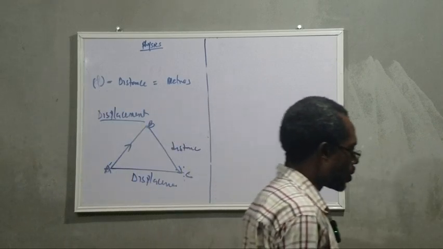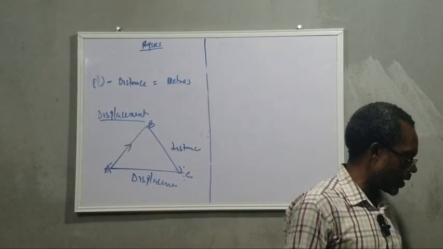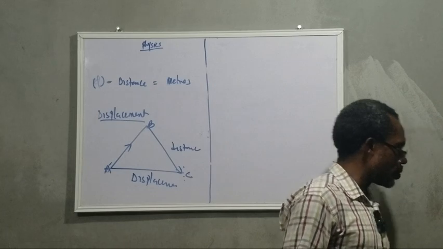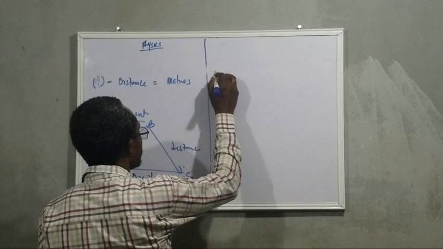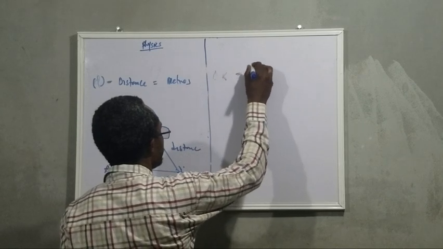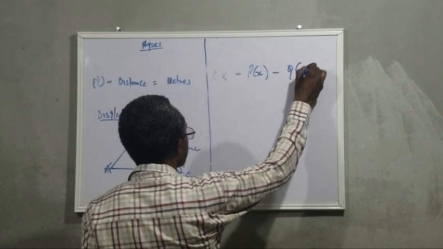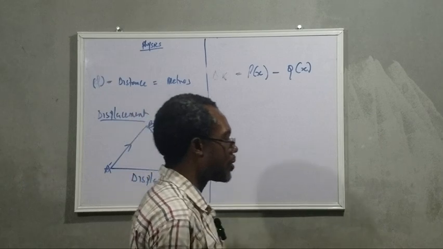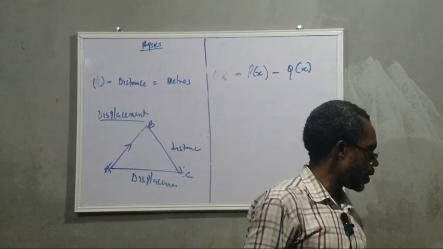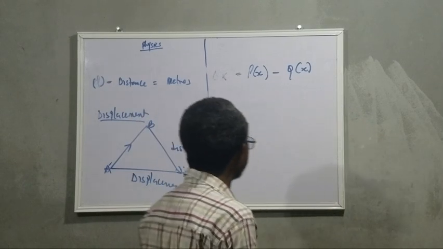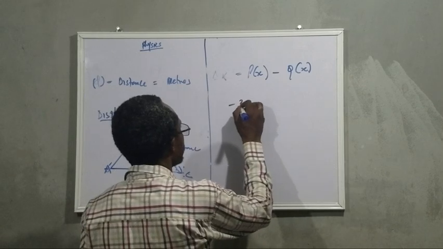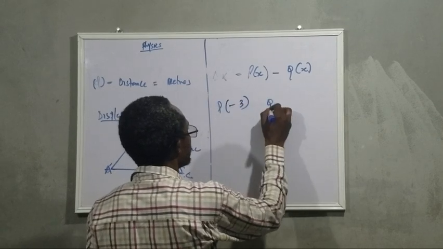So I want us to also understand that when we have these values, what we simply need to do is to find the difference between the two. Delta x is equal to P of x minus Q of x. Let's assume that the first and second values are represented with those letters. So if the first point is minus 3 for P, and then the Q is 5.